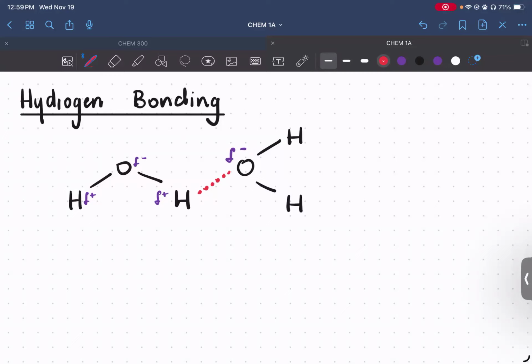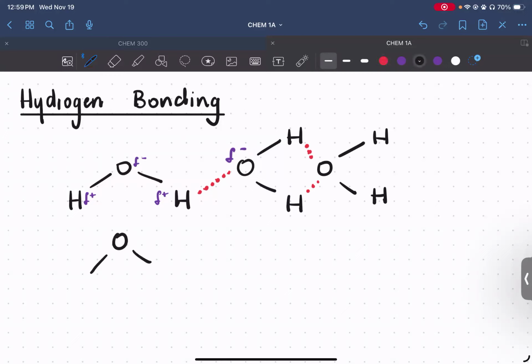And does it just stop there? Not at all. Guess what's going to happen? Another water molecule is going to come in and be attracted to the hydrogens. And for lack of a better phrase, we can keep going.